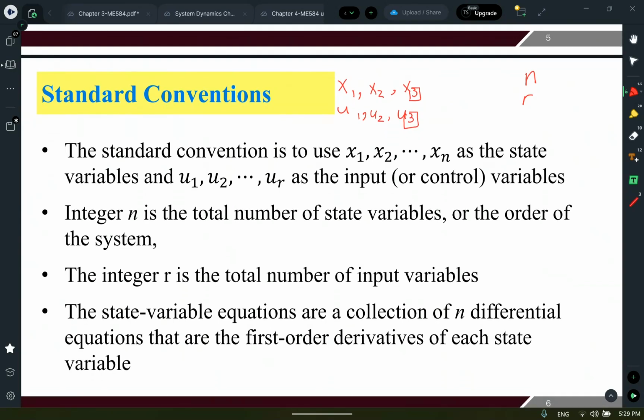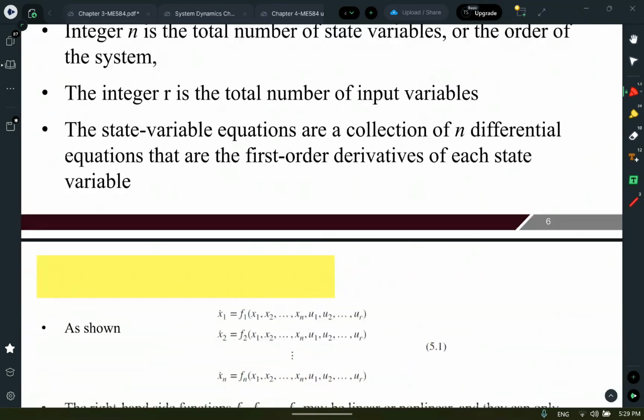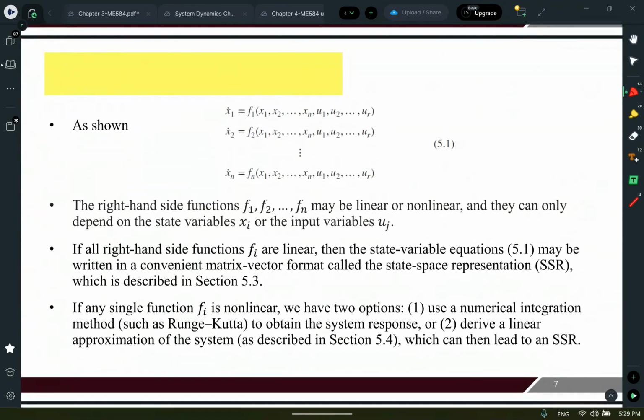Now we can formulate the problem. The state variable equations, or the state equations, are in fact a collection of N first order differential equations that together describe the dynamics of the system. So for instance, you have x dot 1 on the left hand side, and then you have some processing function f1, which processes your states x1, x2 all the way down to xn, and all your inputs u1, u2 all the way down to ur.